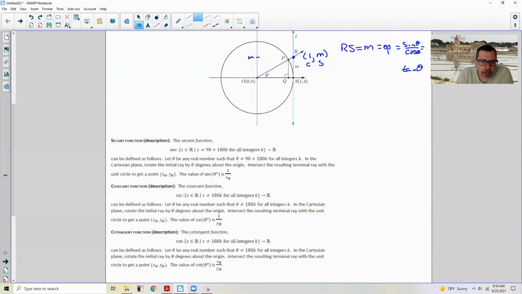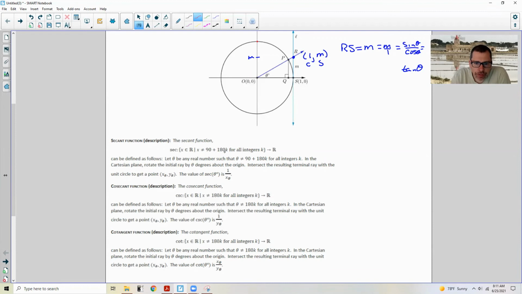The secant function description. Secant is the set of all x in R such that x does not equal 90 plus 180k. Well, let's just put 0 in for k. 180 goes bye-bye, and 90 is right here.